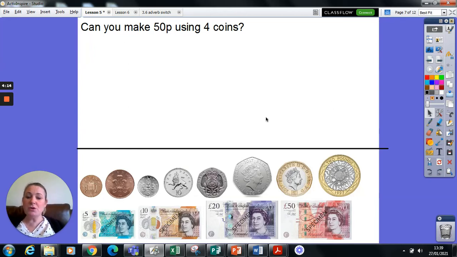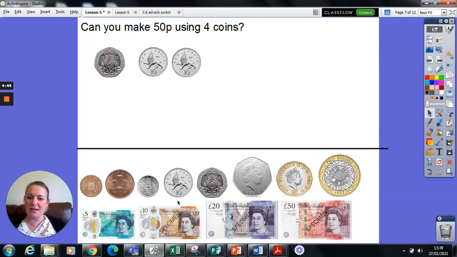Okay, so there are probably numerous ways of making 50p using 4 coins. I can't start with a 50p, because that would be 50p made just with one coin. So I'm going to start with a coin of the next highest value, which is 20. I've still got 30p to make, because 50p minus 20p would leave me with 30p, and I've got 3 more coins that I need to use.